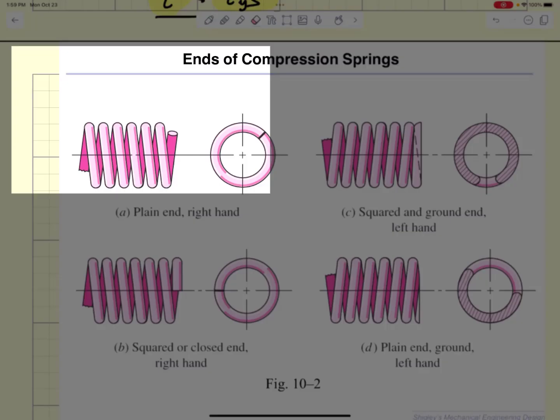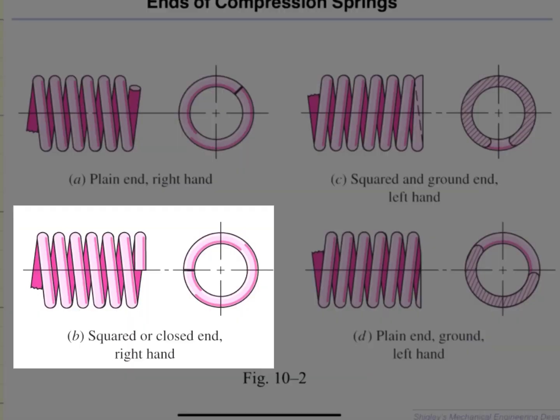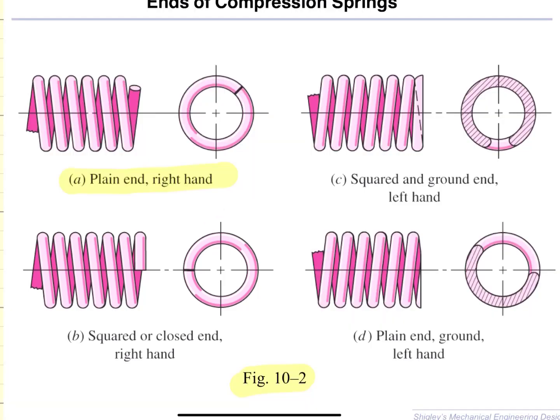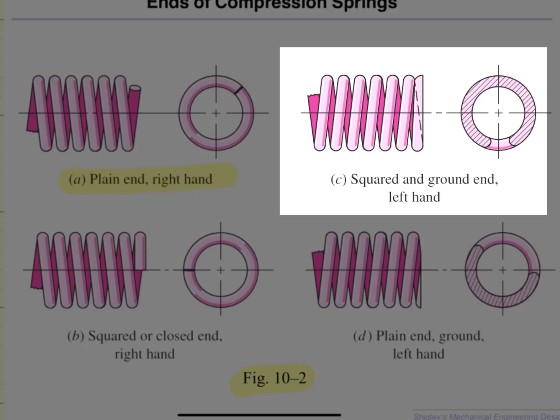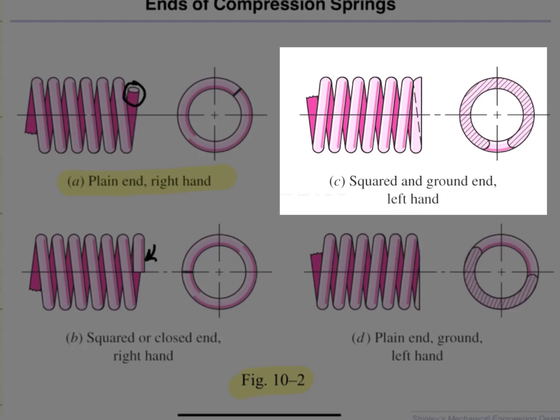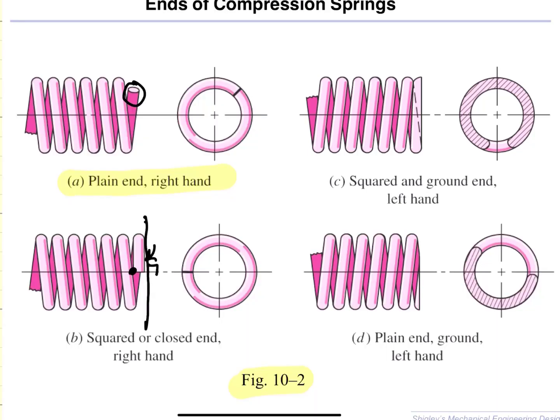There are a great many types of compression springs that are used, and this is an example from the Shigley design book, figure 10.2, which shows some of those typical coil springs. The first one in the upper left is the plain end right-hand turning coil spring, and you'll notice that there's nothing special, we just have a helical coil. Then we could take the end coil of that spring and bend it so that it just touches the coil immediately below it. Now that offers a plane that is perpendicular to the longitudinal axis of the coil, and that would probably stand up on its own.